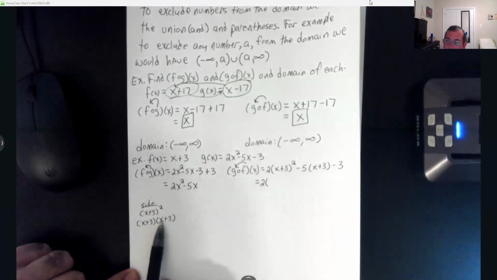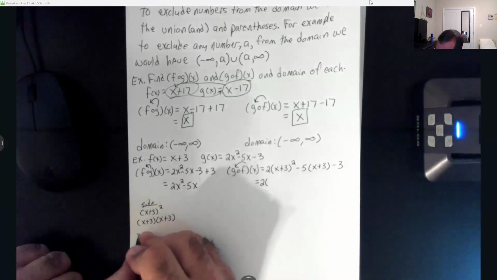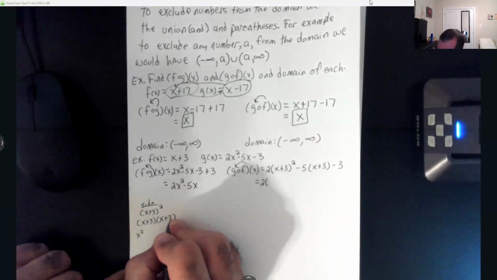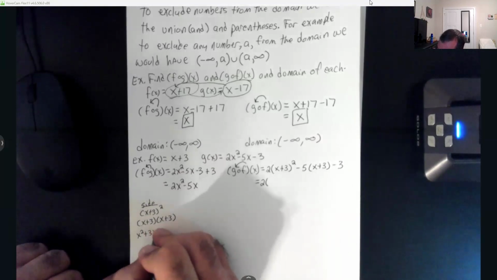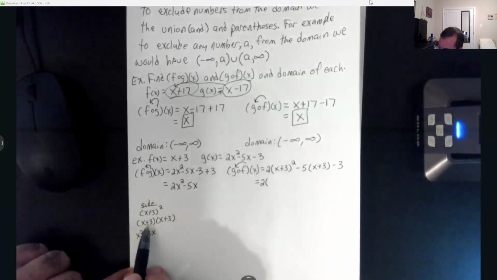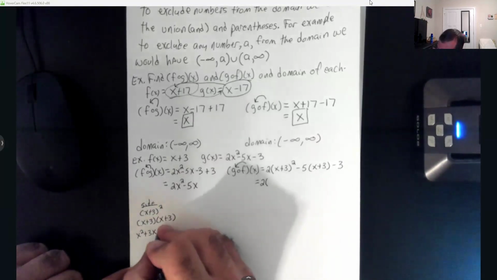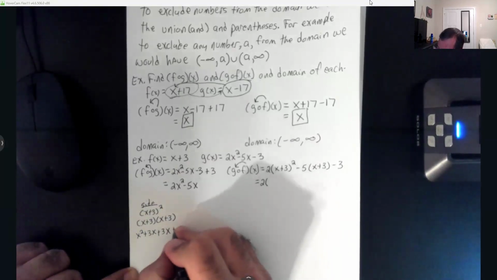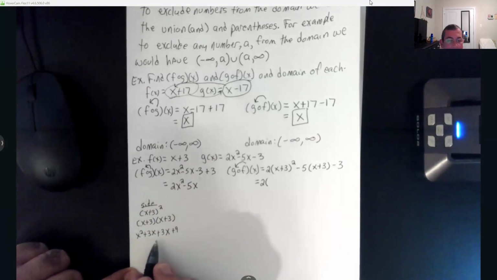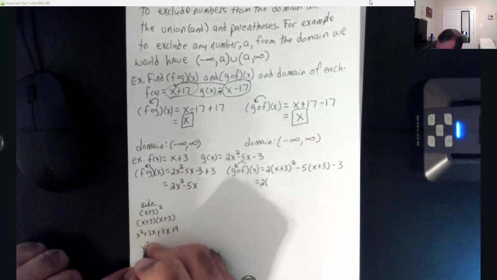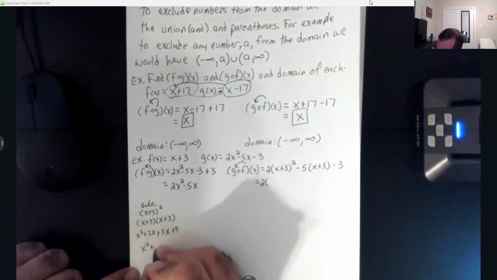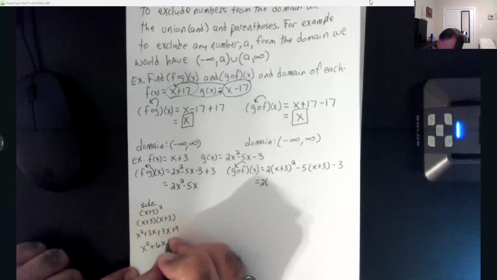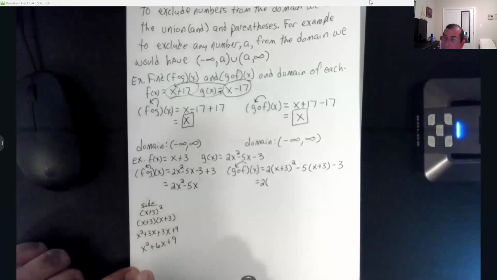So y'all, that'd be x times x is x squared. X times 3 is 3x. Then I'm going to distribute 3 times x is 3x. And then 3 times 3 gave me 9. So adding like terms, this will turn into an x squared, 3 and 3 give me 6x plus 9.